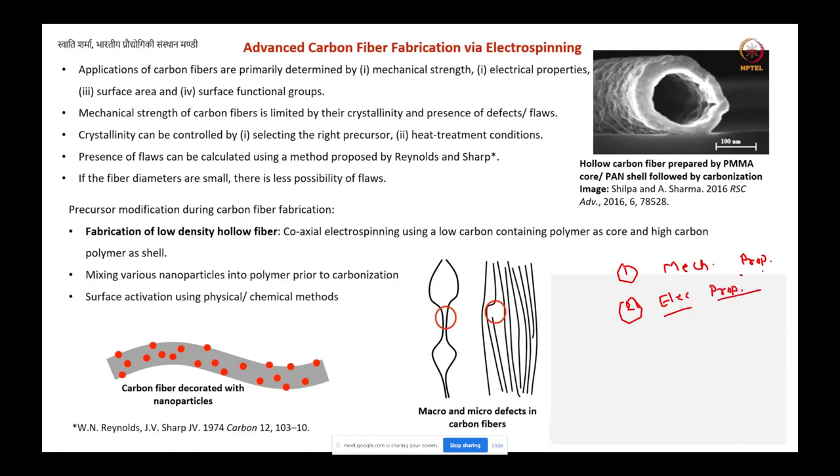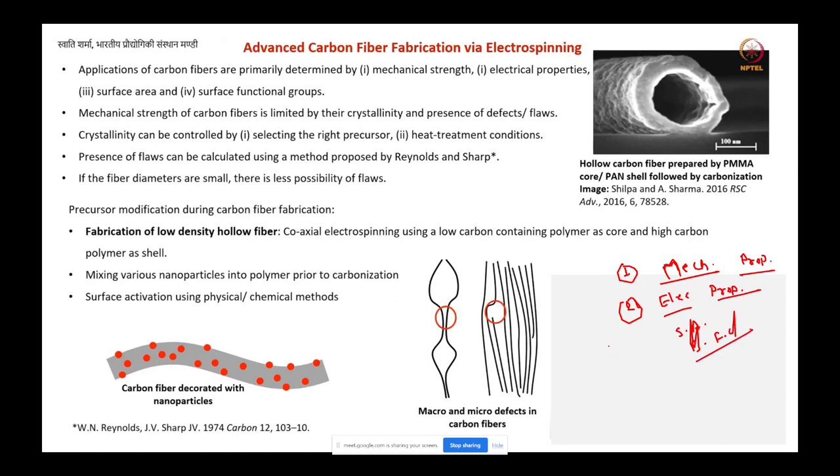So you have to check your mechanical property, you have to check your electrical property, and there are some surface properties such as your surface area and your surface functional groups. So these are also things that you have to determine.